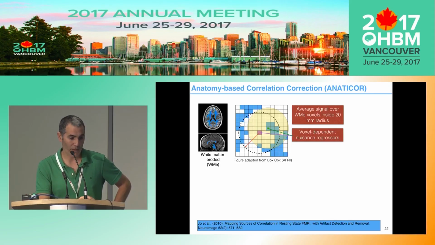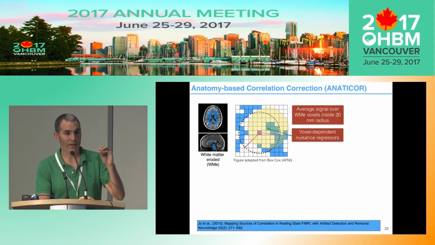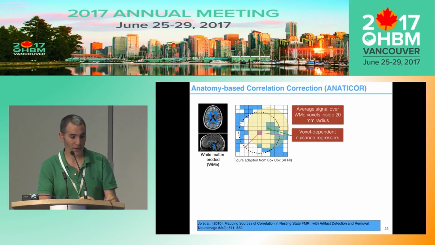So for instance, in Anaticor, what is proposed is that you compute the average signal over the white matter voxels inside a sphere surrounding the gray matter voxel, and then use that as a voxel-dependent nuisance regressor for each voxel.